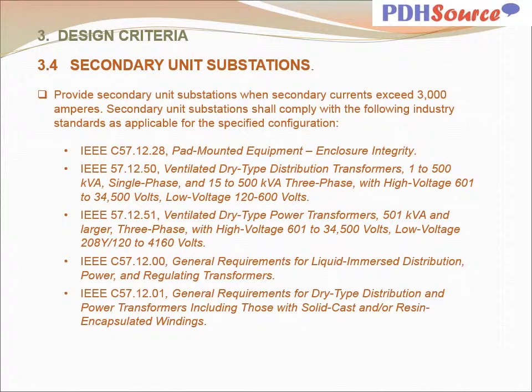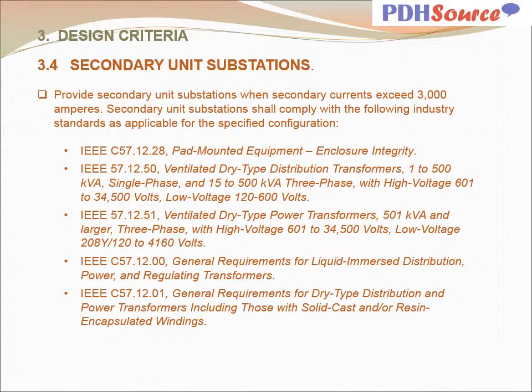IEEE C57.12.51 ventilated dry type power transformers 501 kVA and larger, 3-phase with high voltage 601 to 34,500 volts, low voltage 208Y/120 to 4160 volts.